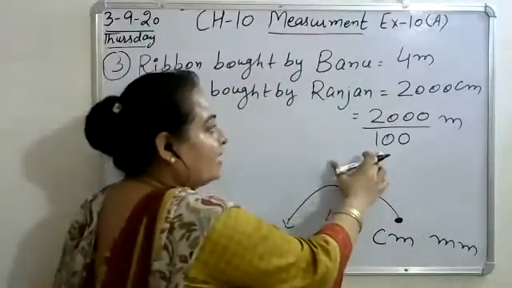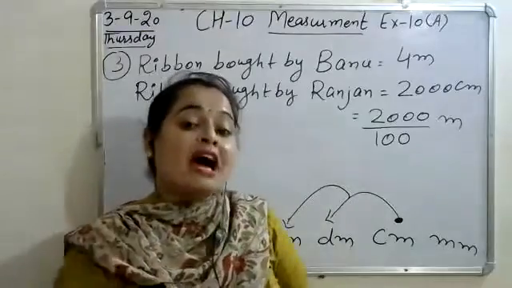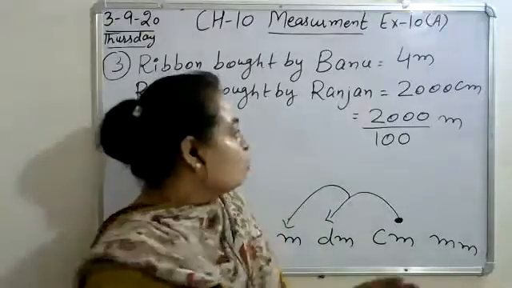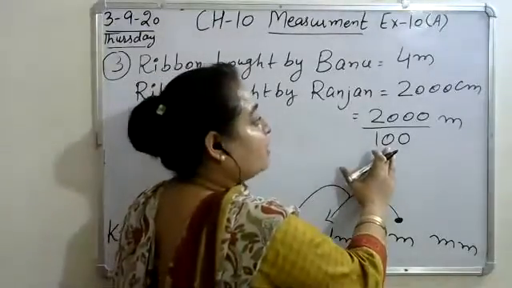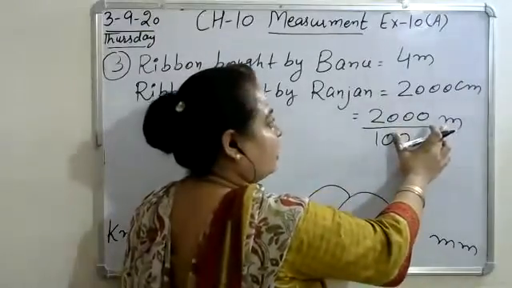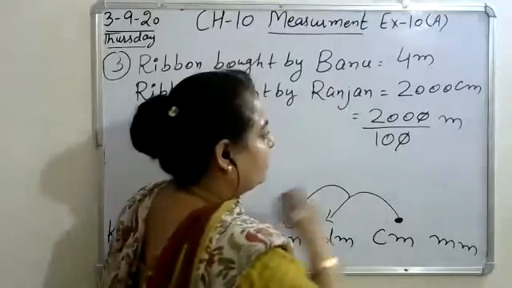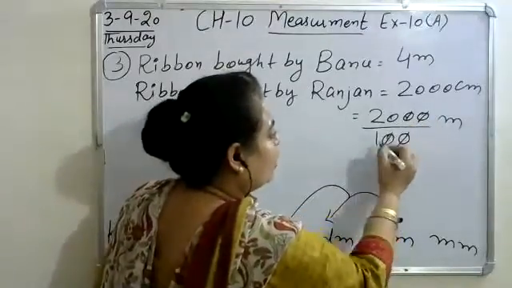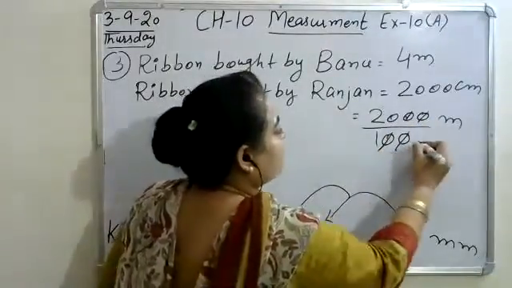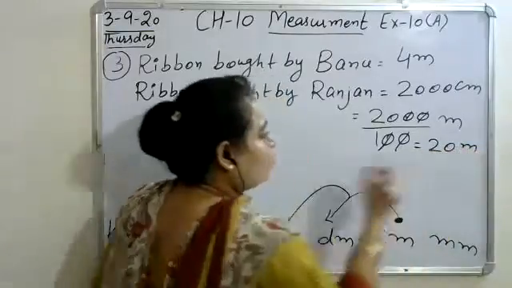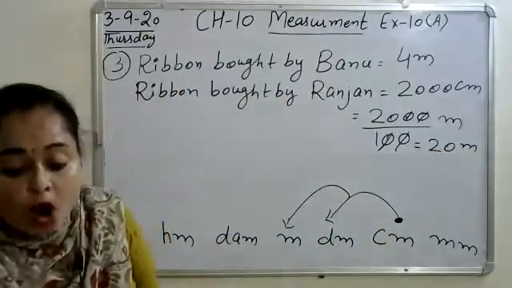When you divide, it means you have completed your conversion. So after completion of the conversion, you will not write centimeter here, you will write meter. Now 0, 0, cut. Again 0, 0, cut. So what is the left? 20 meter.